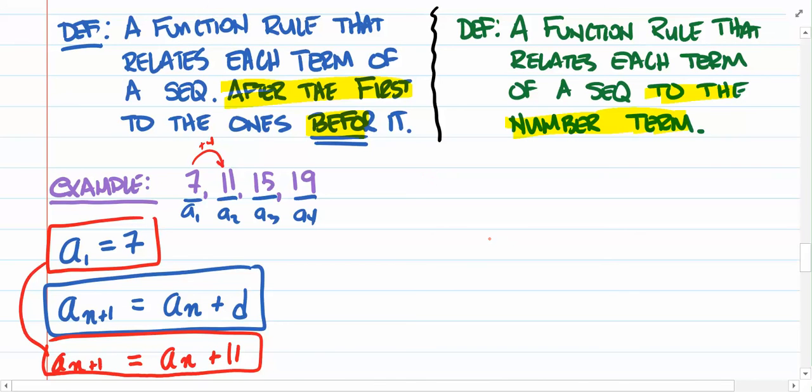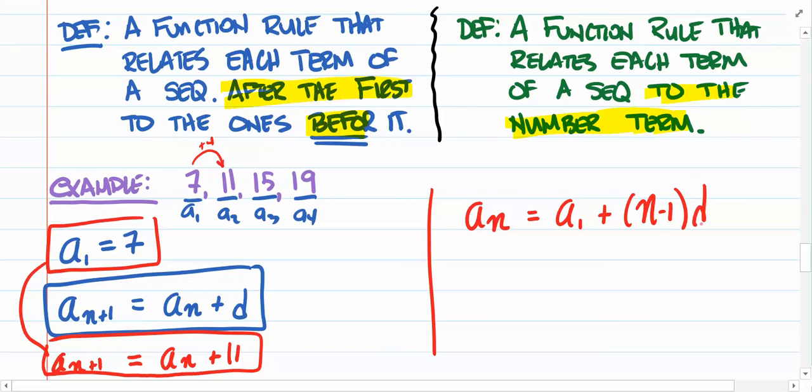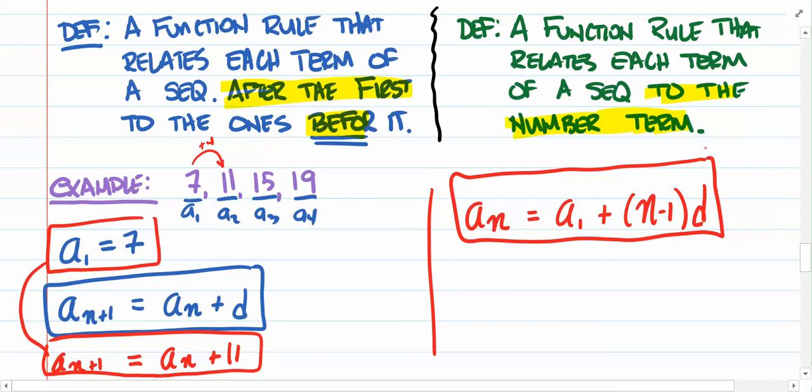Now, the explicit formula relates each term to the number of the term. So the explicit formula would be this, okay? A sub n is equal to the very first term, whatever it happens to be, a sub 1, plus n minus 1 times d. So this is a very, very important formula.